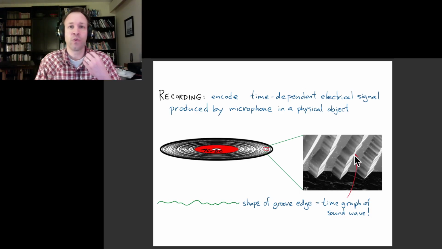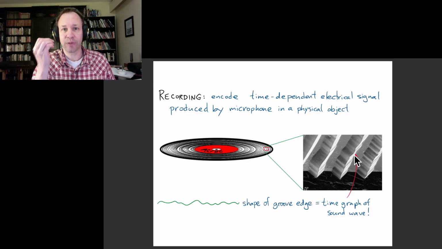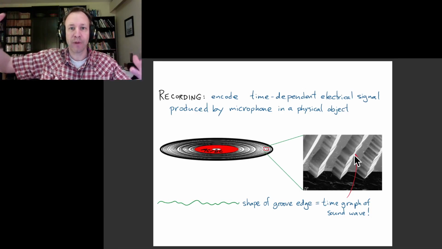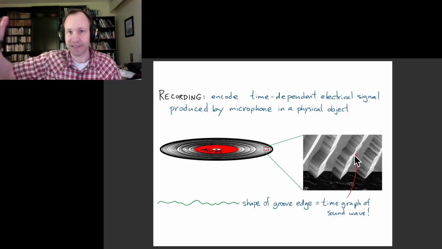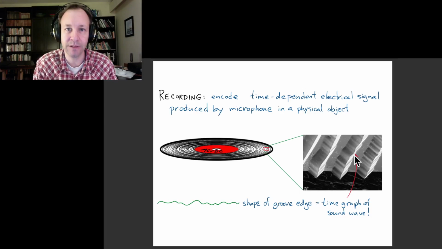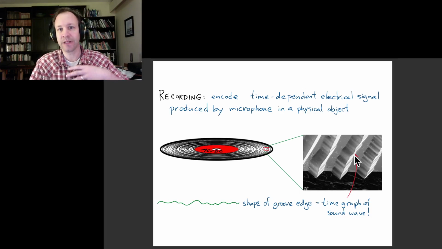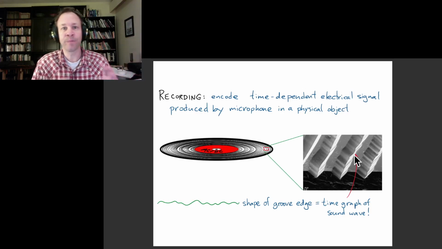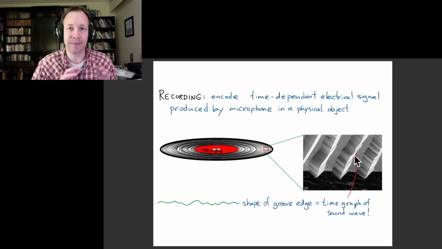And what that is, precisely, is a pattern that reproduces the time graph for the sound wave that we're recording. Okay, so I want to talk about how you would do that and then how you would actually play back the sound. And fortunately, it uses exactly the same physics that we already talked about in the last video for making a speaker and making a microphone.